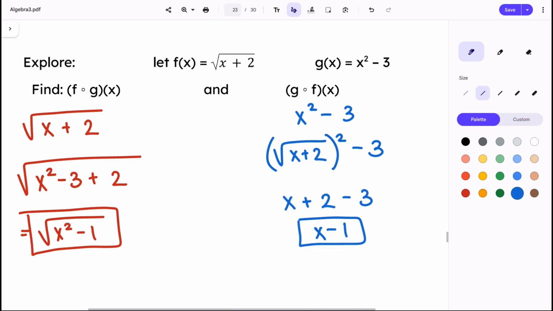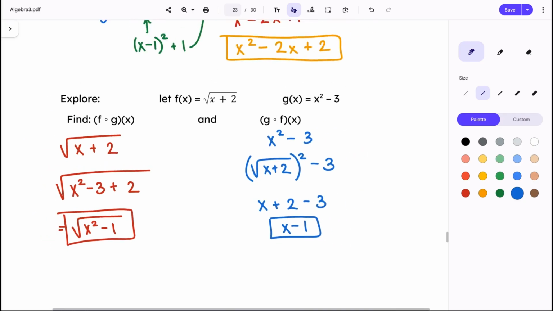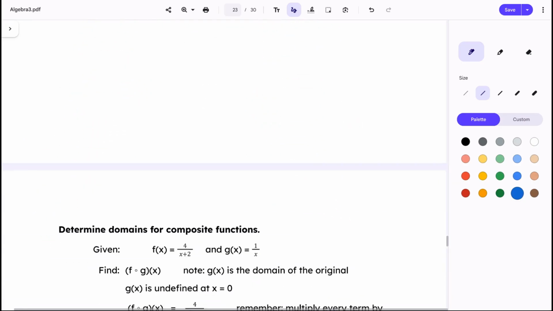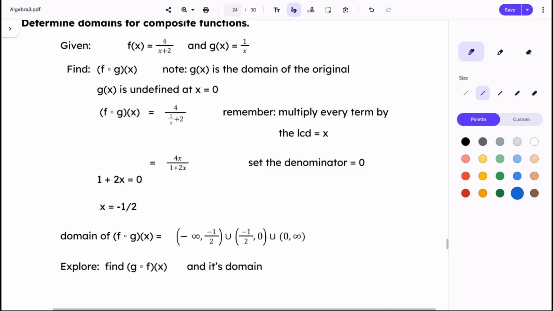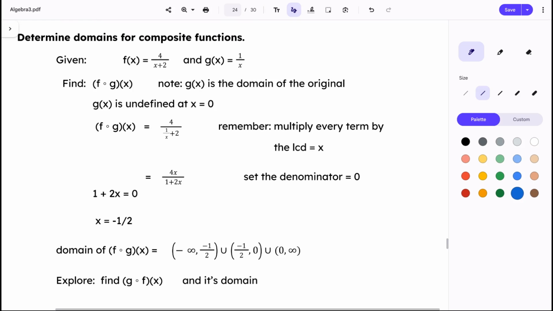Okay, so now that you have seen how you would do those compositions, like putting them together, we will also have some where maybe the domain starts to be affected if there's a fraction involved. So if you go to the next page, we're not so much going to be focused right now on evaluating, but more so on if I do the evaluation and then I need to add on the domain piece, what happens here. We could do these the same way we were doing those last ones.